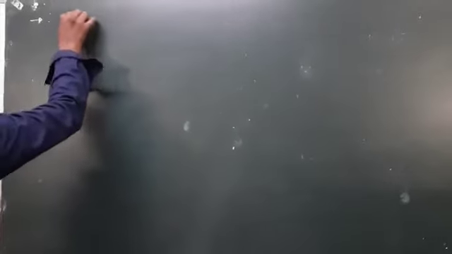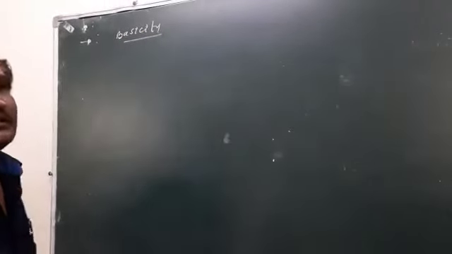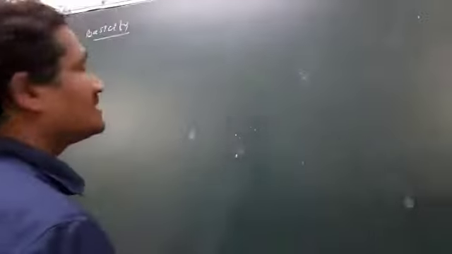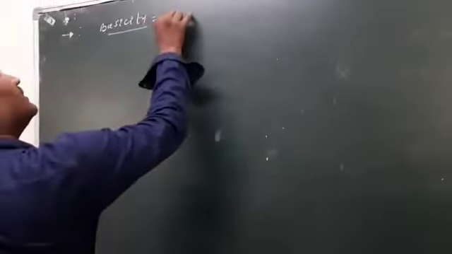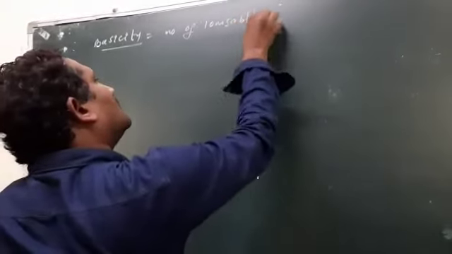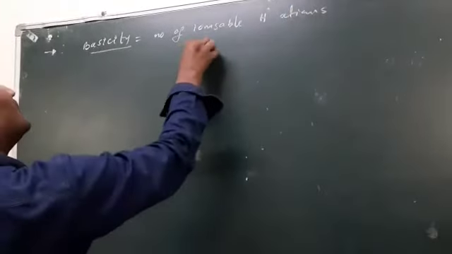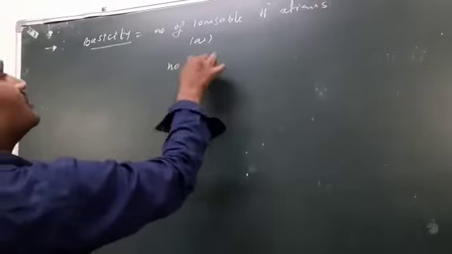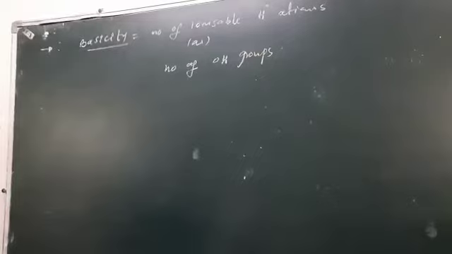Next, basicity. Basicity means the number of ionizable hydrogen atoms, or the number of OH groups, in that acid.